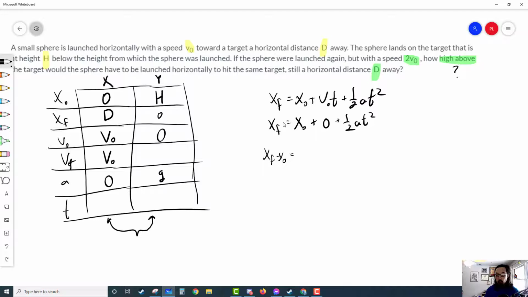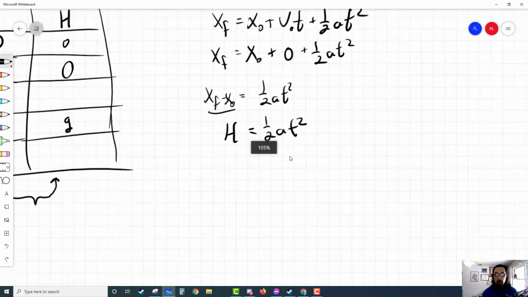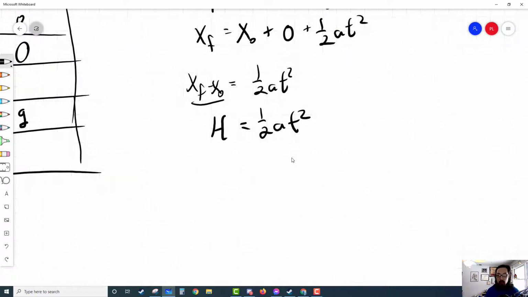That's the total vertical displacement. You could leave xf at 0, but my point is that the change in the vertical displacement, they're telling us as h, is equal to 1/2 a t squared. I'm going to fix up this acceleration because we said our acceleration was g.